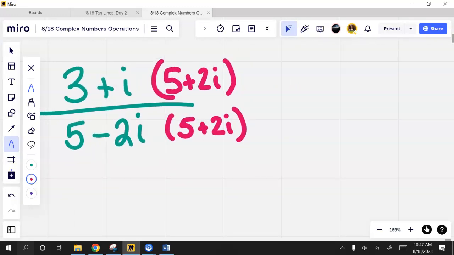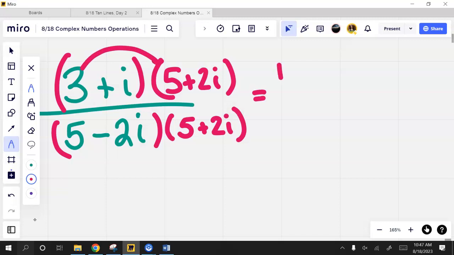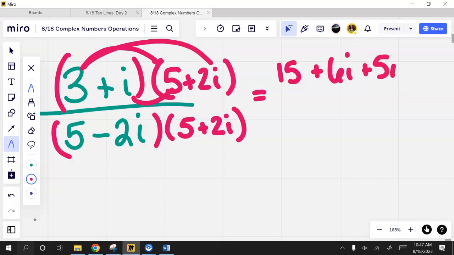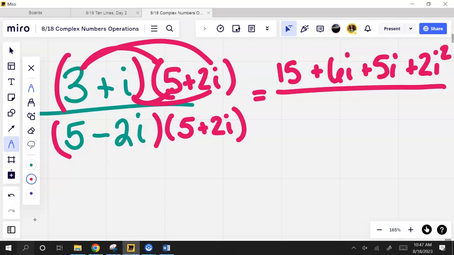I'm in two FOIL situations, yes? 3 times 5 is 15, plus 6i, plus 5i, plus 2i squared. That's for the top.